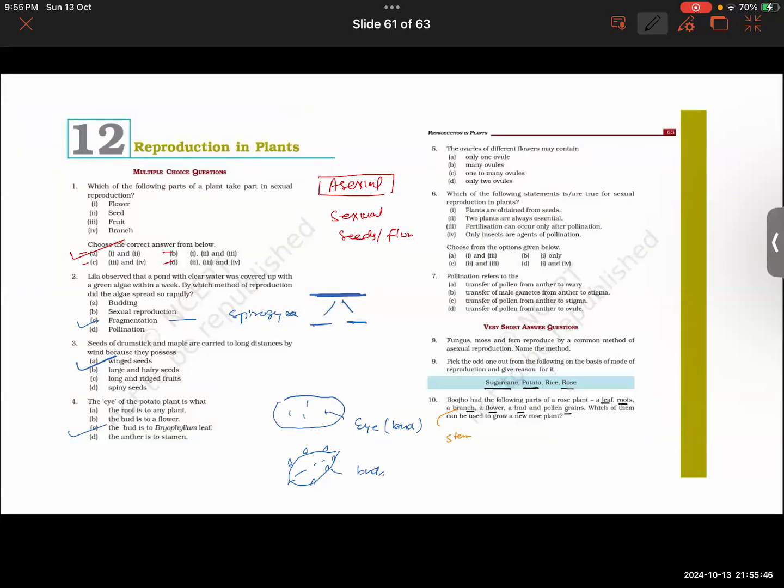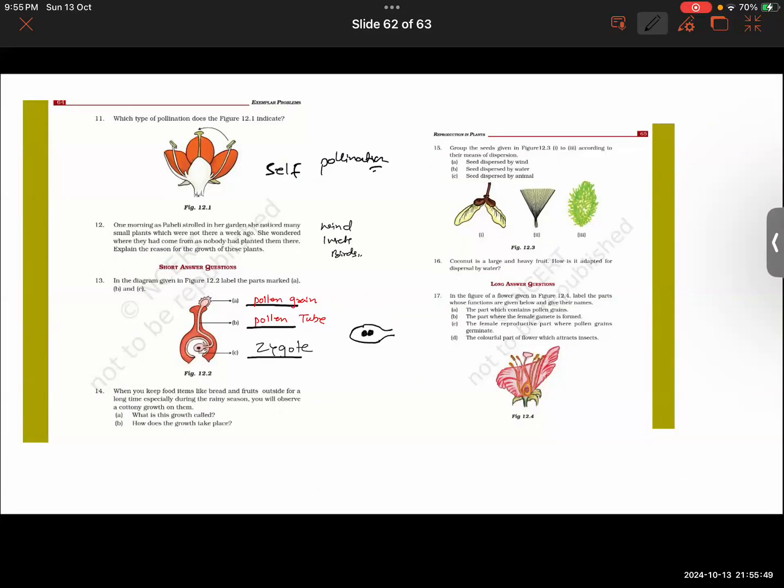Question number 14. So the question is saying that when you keep food items like bread or fruit outside for a long time, especially during the rainy season, you will observe a cottony growth on them.